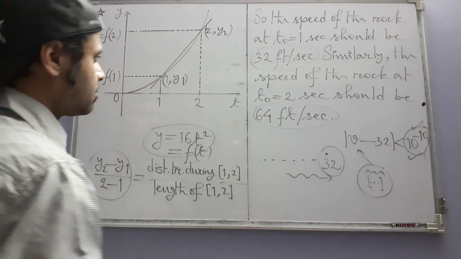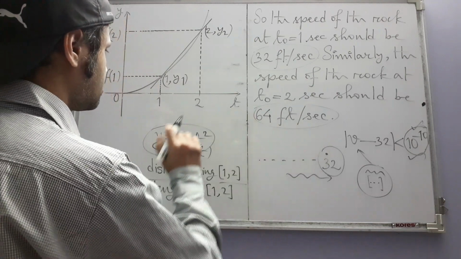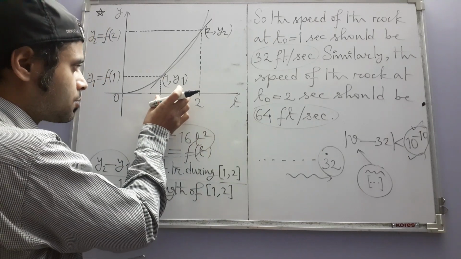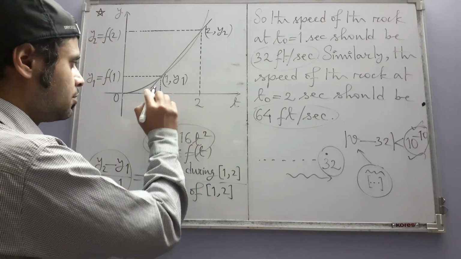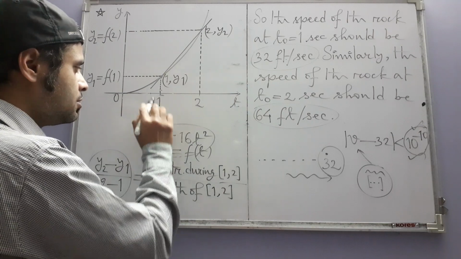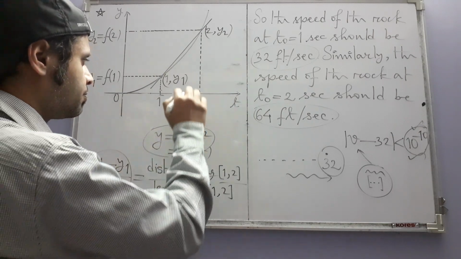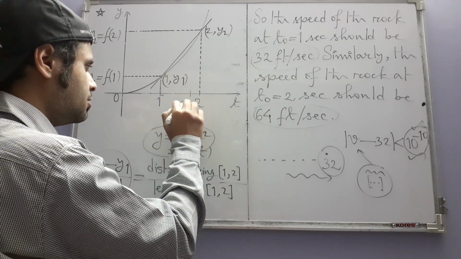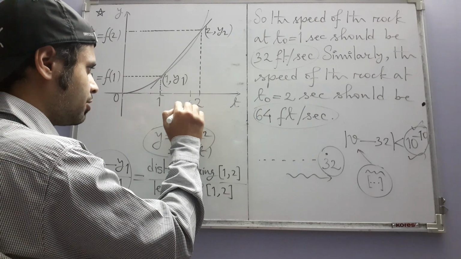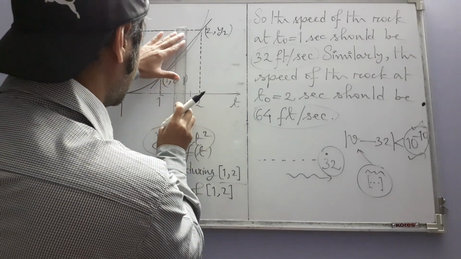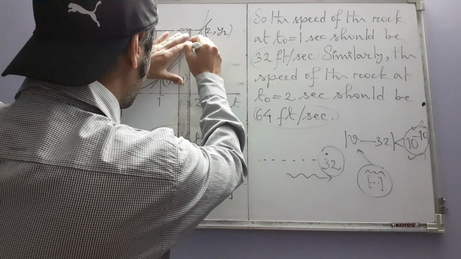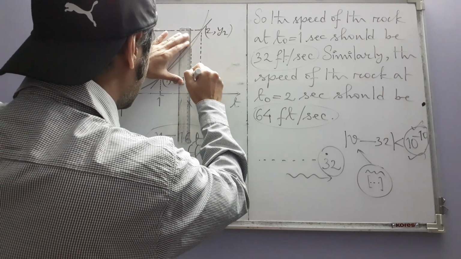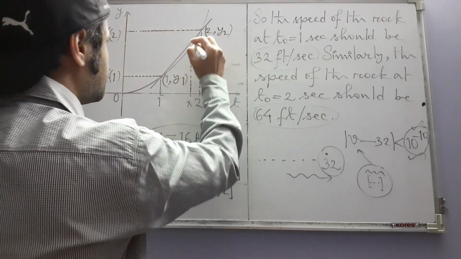Now if someone considers that process of taking smaller and smaller intervals, one of whose boundary is this fixed one, say one considers some point, then the corresponding point on the graph is this.